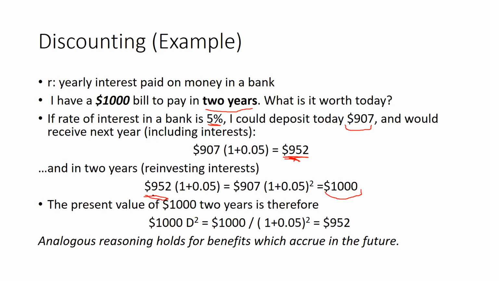So $952 times this quantity 1 plus the interest rate is the same thing as $907 times this quantity 1 plus the interest rate squared. $907 times 1 plus the interest rate squared is $1,000. $1,000 in 2 years with a 5% interest rate is worth $907 today.